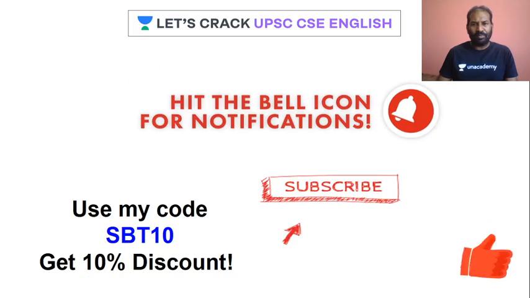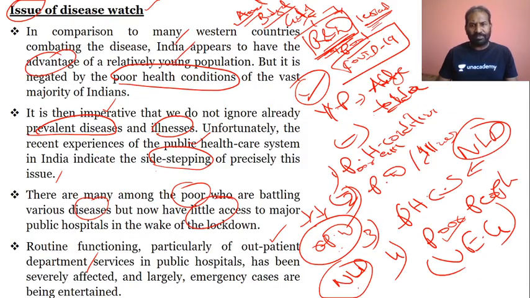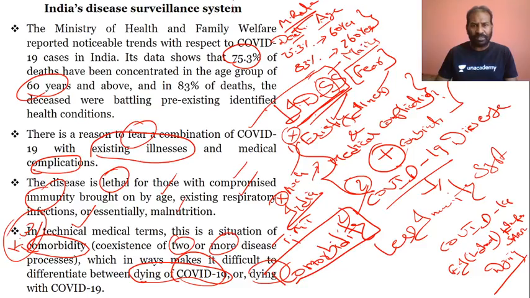This is very, very important. So we have looked at this article from various aspects, from the age point of view, and the reasons why, even though we have a very young population, the cases are high.